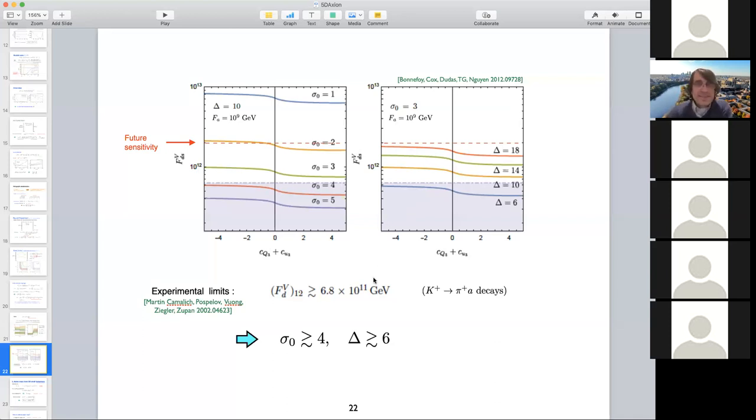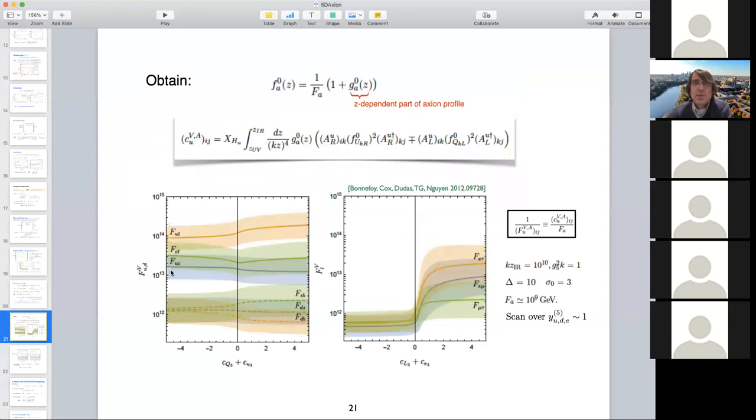Can I ask you one question? Yeah. In the usual QCD axion models, the couplings of the axion to the fermions are proportional to the mass. Do you still have that here for the diagonal couplings? Yeah, you do. It will be proportional.